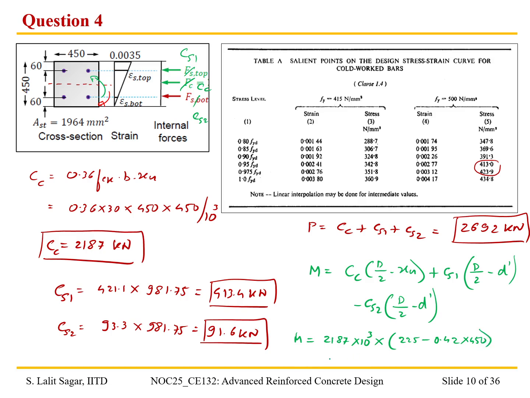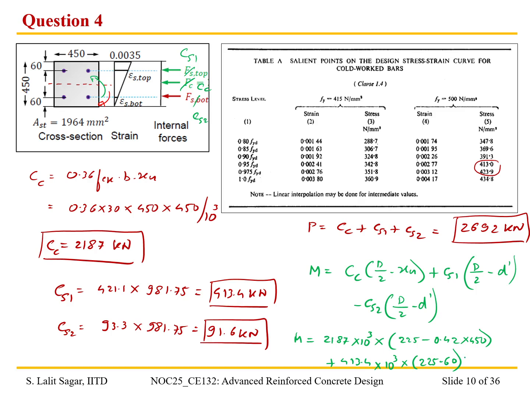Plus CS1, 413.4 into 10 to the power 3 into 225 minus 60.